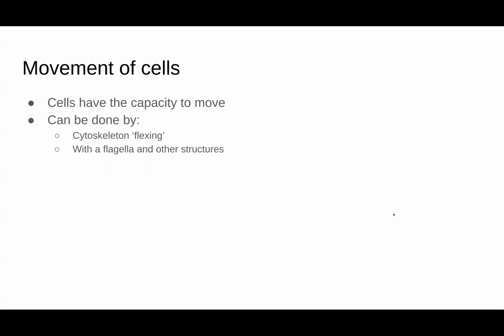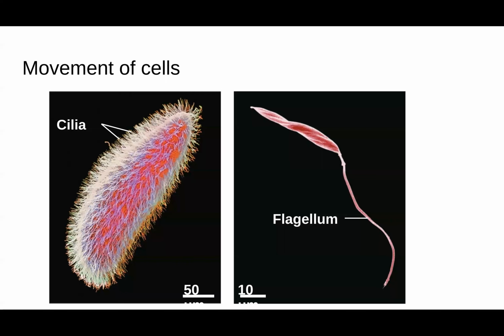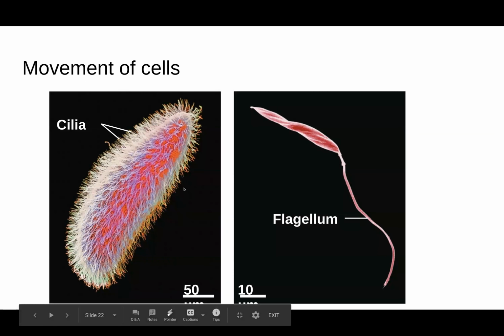When we're thinking about how eukaryotes move, or even how bacteria move, there's two ways. You flex your cytoskeleton, or you move with a flagella or some other structure that resembles a flagella. So this is what we're talking about here. You can move by one of two ways, with a physical structure. So we have cilia. This is a protozoa, a microscopic eukaryotic organism.